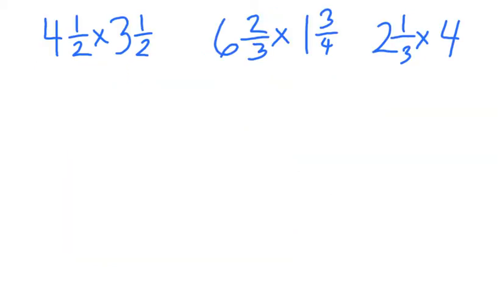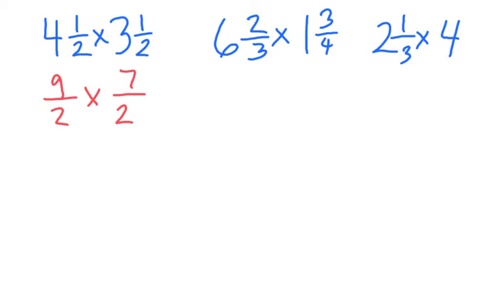Now, sometimes when you're multiplying with fractions, you have mixed numbers or whole numbers. Whenever you're multiplying fractions and you have a mixed number, the first step is to make it improper. So 2 times 4 is 8, plus 1 is 9, so that is 9 over 2. And 3 times 2 is 6, plus 1 is 7, so 7 over 2. You can cancel if there was something to cancel.